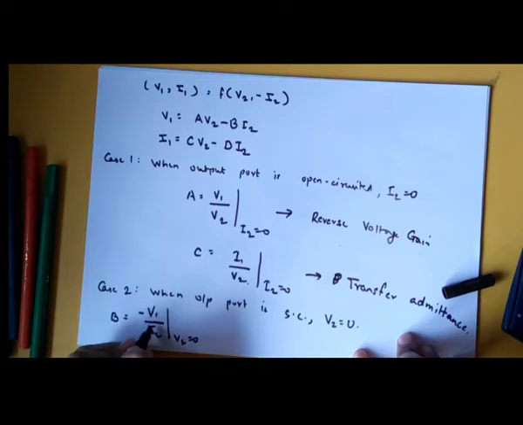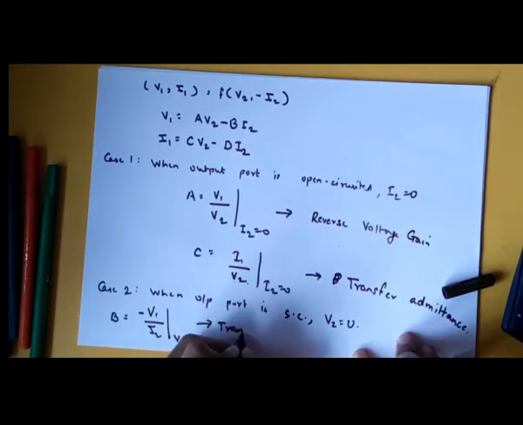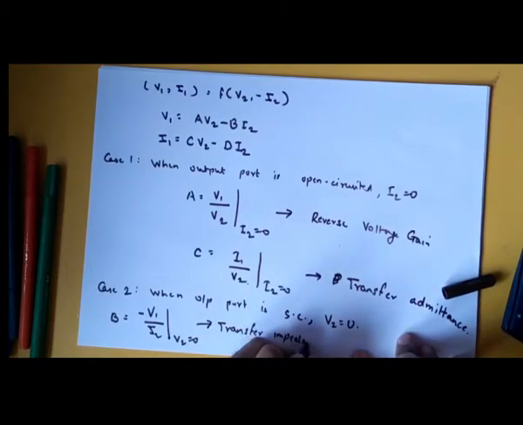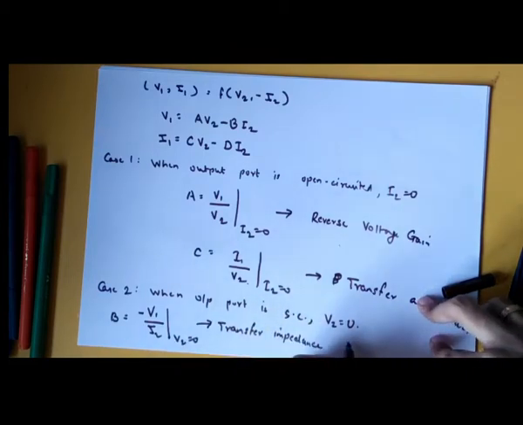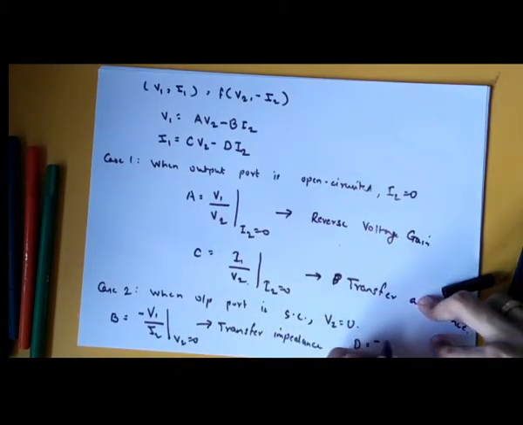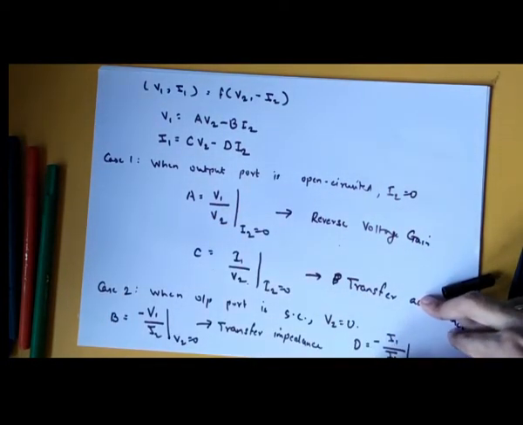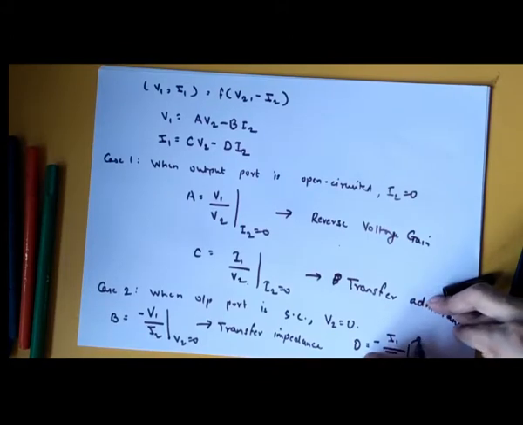It is port 2 to port 1 and impedance, so this is transfer impedance, right? Similarly you can find D, it will be minus I1 by I2. So this was V1 by V2, this is I1 by I2, and this is valid when V2 is 0. So this is called as what?